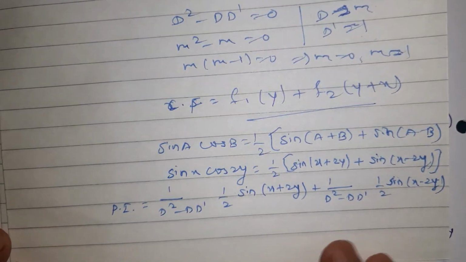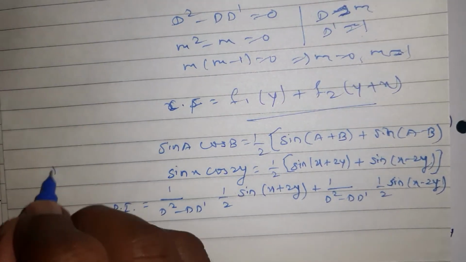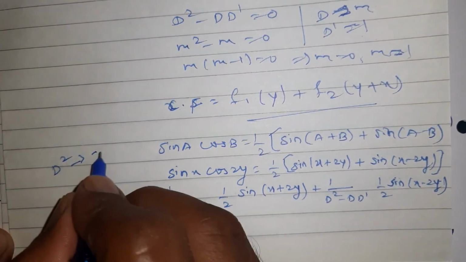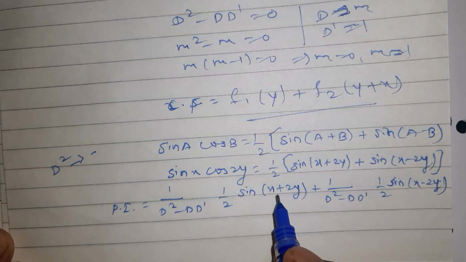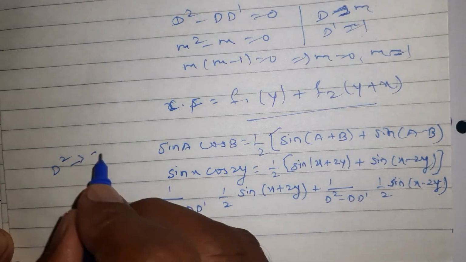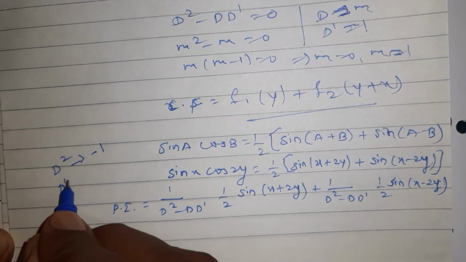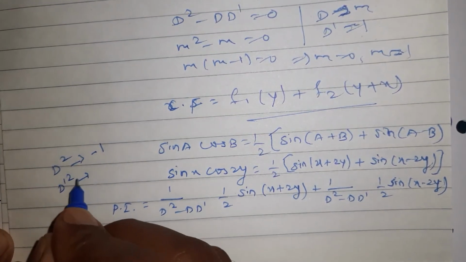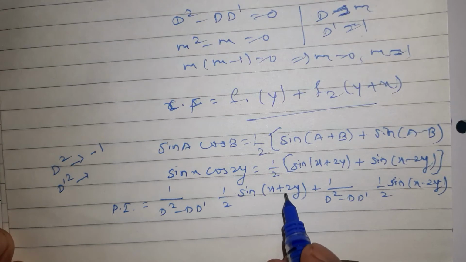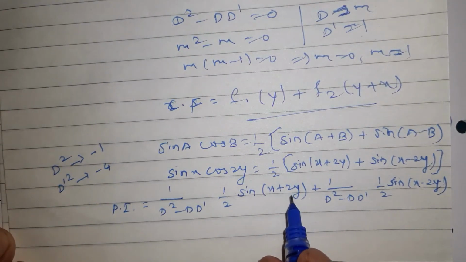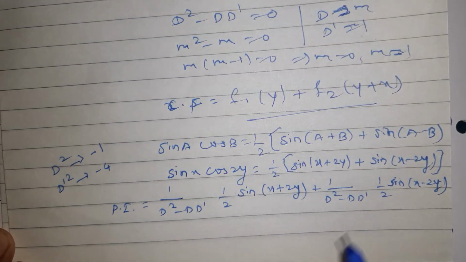We have to replace D² by −a². What is the coefficient of x here? 1, so minus 1. Then D′² is replaced by minus the square of the coefficient of y, that is −4, but D′² is not there, so no problem.